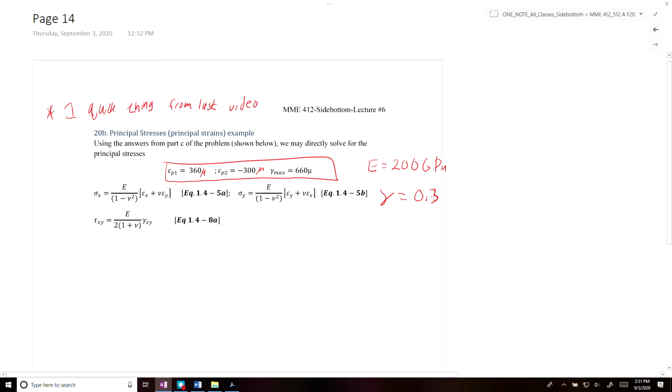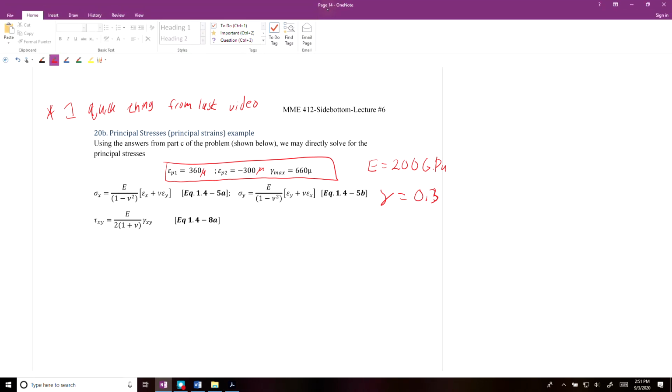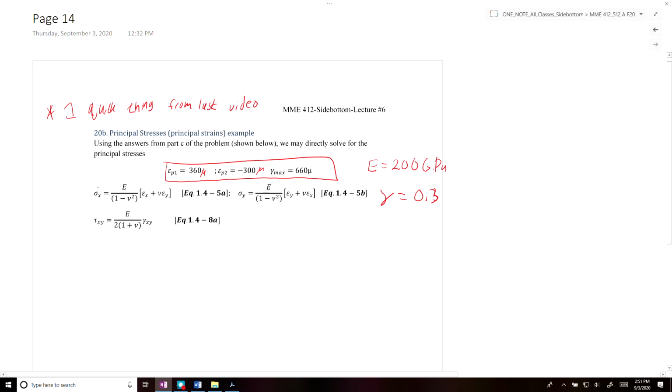So if we plug in all of those values, to find our first principal stress, we can use this equation here.